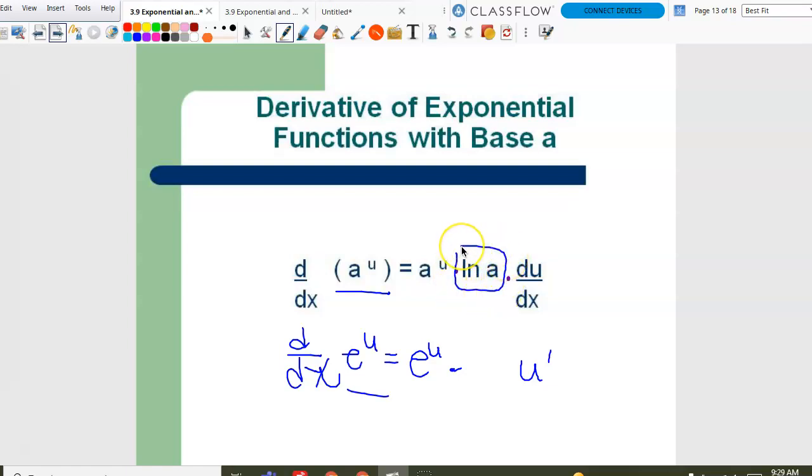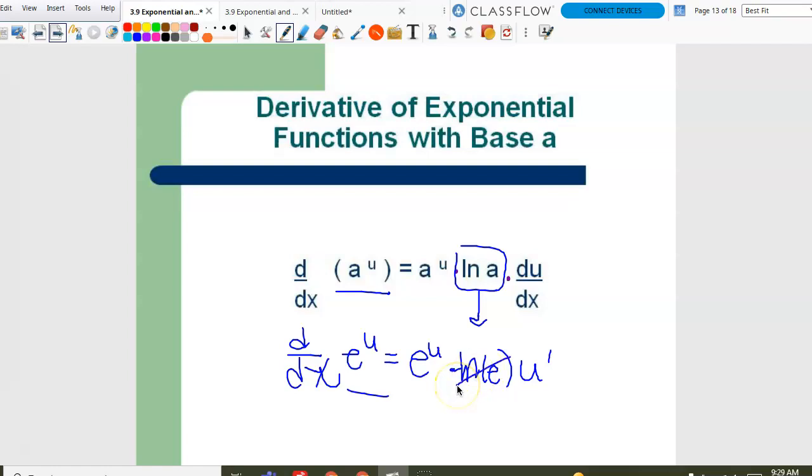Technically, that's just the same thing as what we just did. And technically, if this came down here, the a is the e. What's the ln of e?